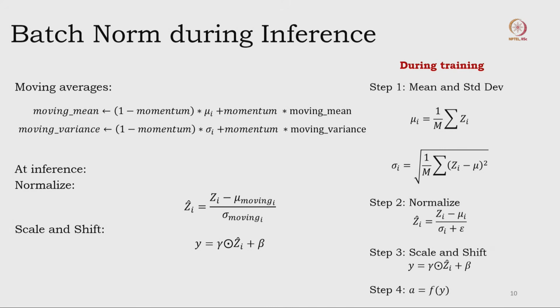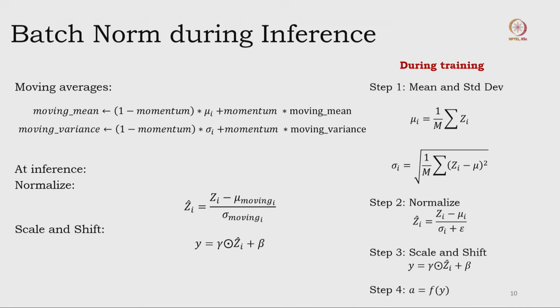Even if you pass one sample or n samples, for every sample you have to normalize the values, and you will normalize them using the moving mean and moving variance. That is the reason why we calculate moving mean and moving variance.